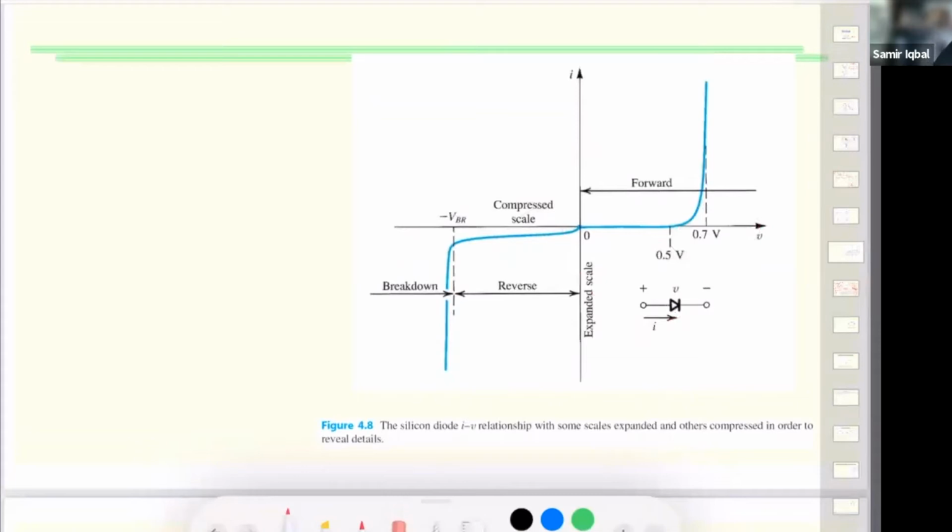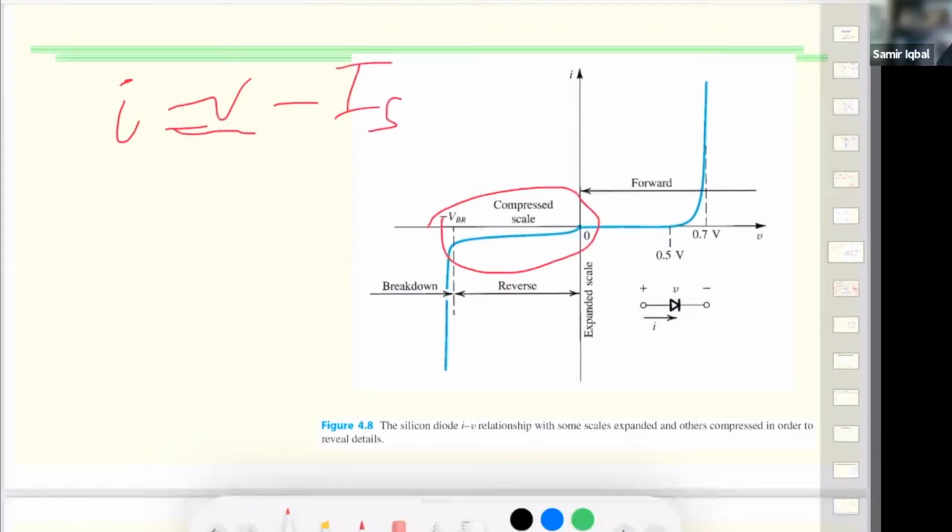Now, in the reverse bias, we have a current very close to that scaling current, up to a point which we call breakdown. In breakdown there are different mechanisms of what happens. But for the reverse current, we take this to be the current, and the minus just gives us the direction of the current.